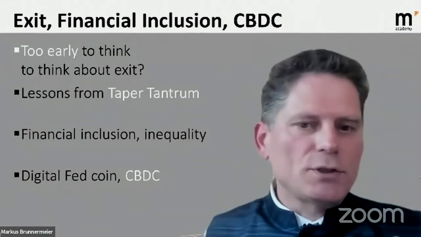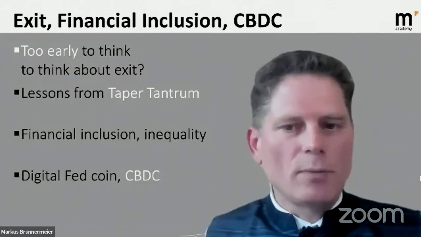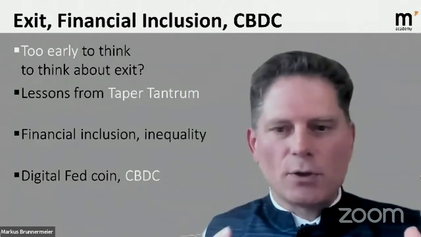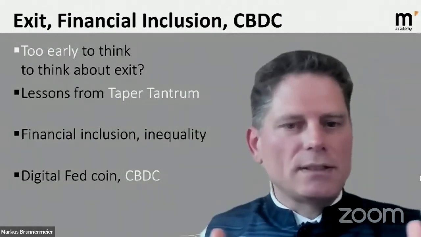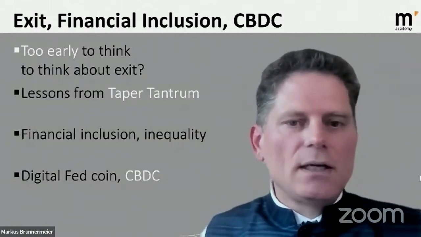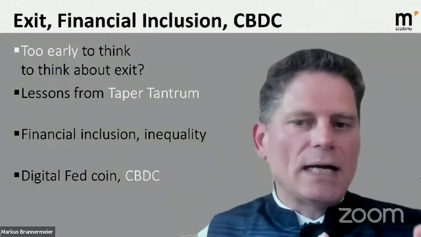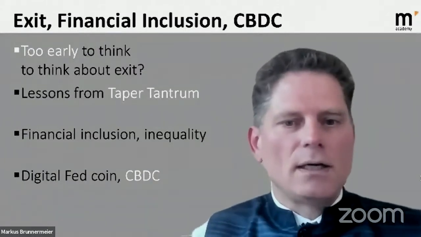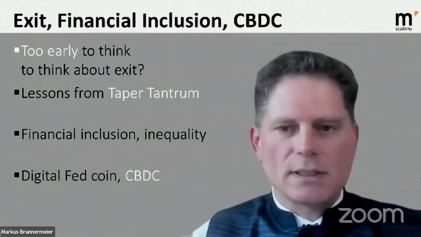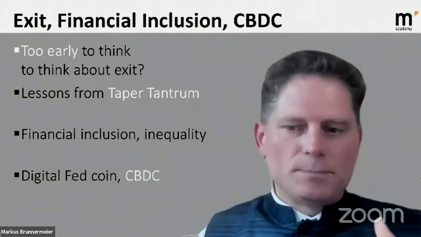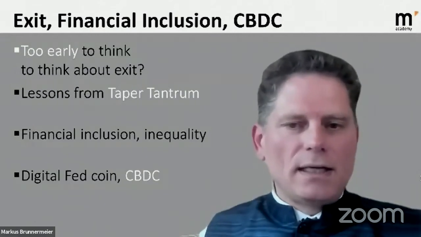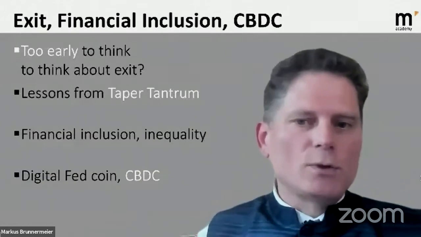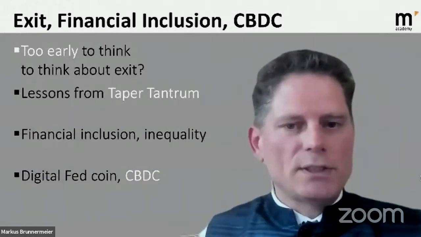And we touched already on financial inclusion and inequality when we talked about unemployment. But I was wondering about other future developments, like central bank digital currencies, digital Fed coins and aspects like this. Is there anything which is urgent, or do you think right now we focus on the COVID crisis, and once this is settled, one can focus on central bank digital currencies? I know that one thinking is that other smaller countries should move ahead with CBDC and experiment, because you don't want to risk the global world currency, the US dollar, with new experiments.